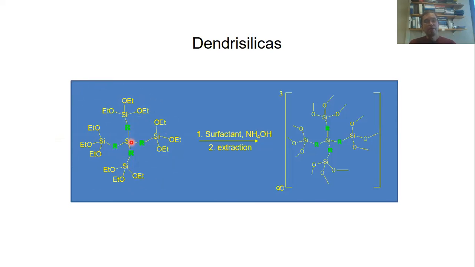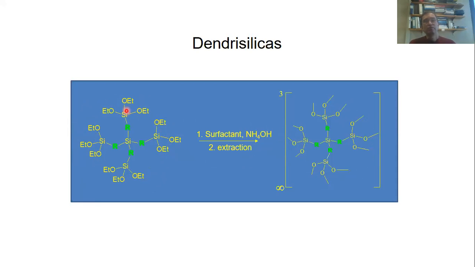So when you functionalize such a dendrimer with triethoxysilyl groups, you have basically a sphere that can adopt nanoscopic size, which is functionalized with ethoxy groups. And then this spherical molecule can again act as a suitable precursor for a periodic mesoporous material.